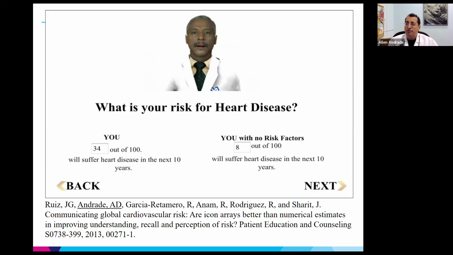We didn't find that these different combinations made much difference in the patient's understanding of their overall cardiovascular risk. But one thing that we did notice is that patients who interacted with this technology appreciated the avatar and were more satisfied when they got information with a character there rather than just a blank screen.